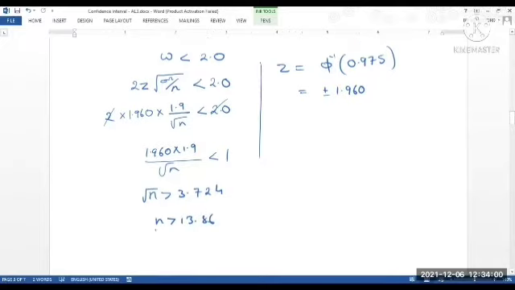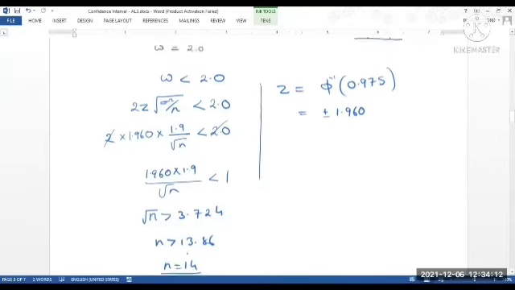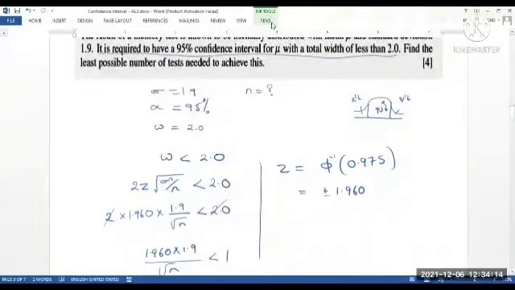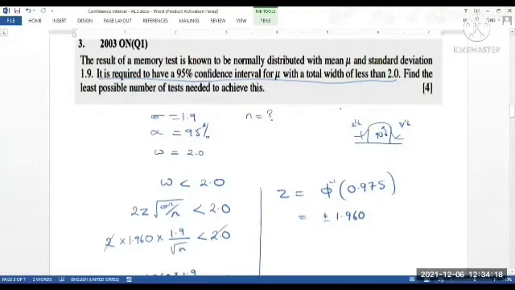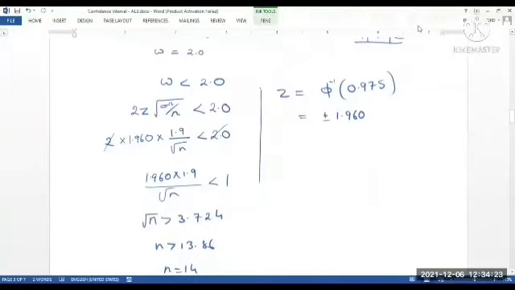So the least possible value, which is a whole number greater than 13.86, will be 14, and hence the least number of tests needed is 14.